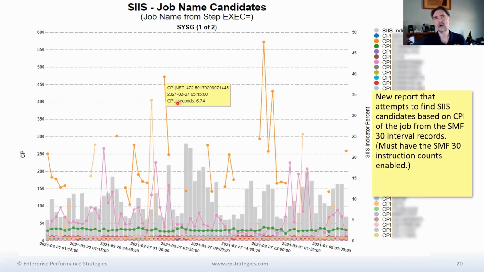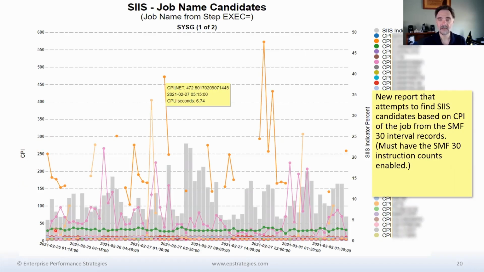Overall, you might see a CPI down around 2 on your machine for the overall CPI for an LPAR. So we expect it in that low single digit range. And here we see things that are having CPIs that are 100 times greater than that, right?